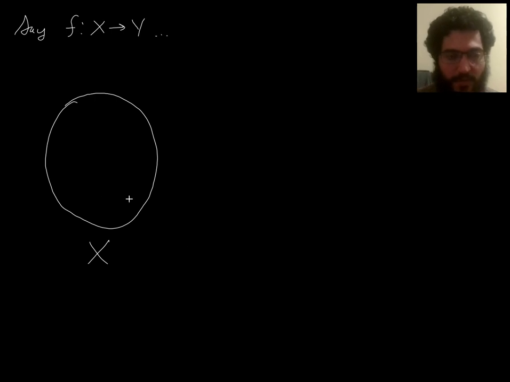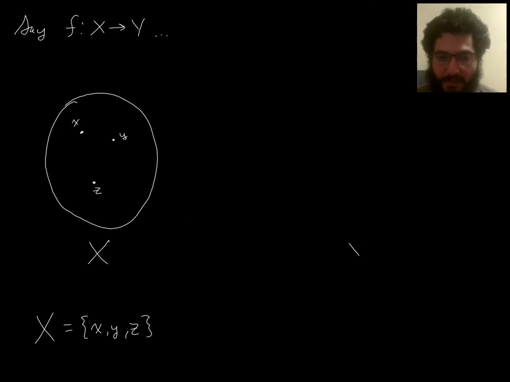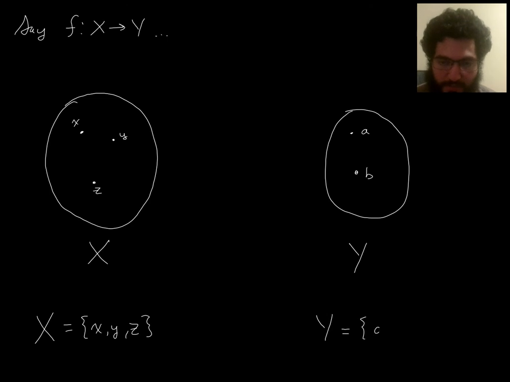So maybe x consists of, let's say, three distinct things here: little x, little y, little z. Y is also some kind of set. So let me imagine that y consists of little a and little b. So I'm just making stuff up. Suppose f maps x to y, suppose x is this and y is that.